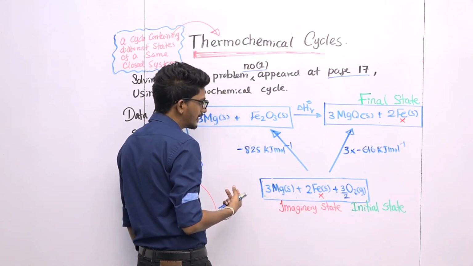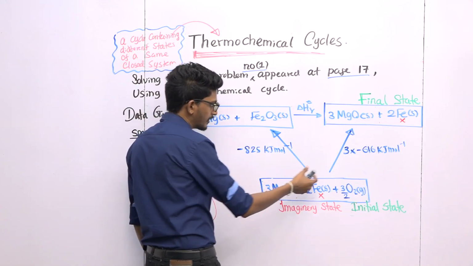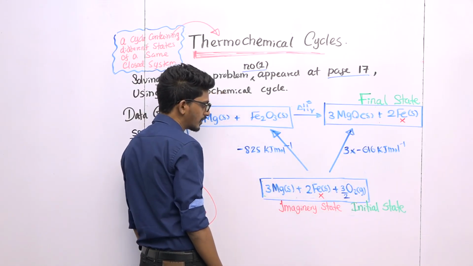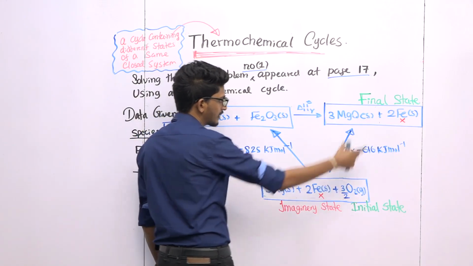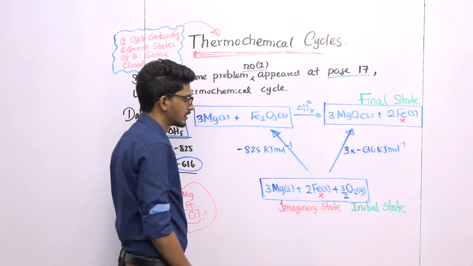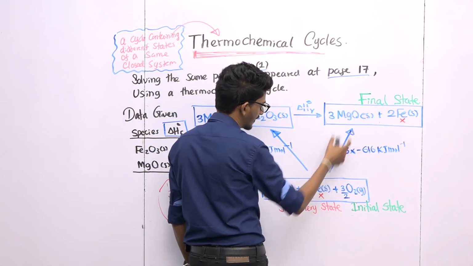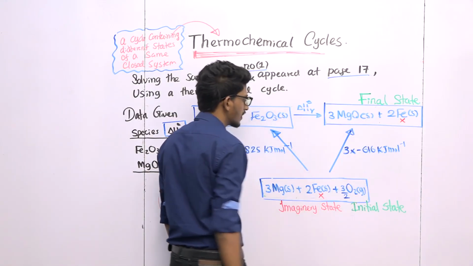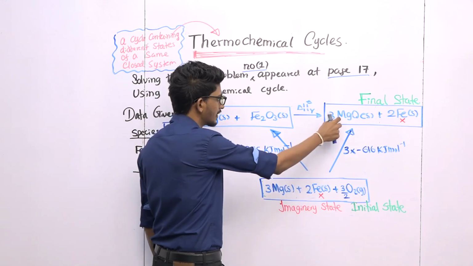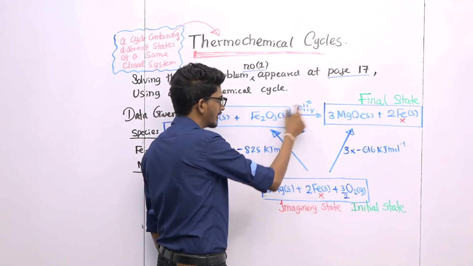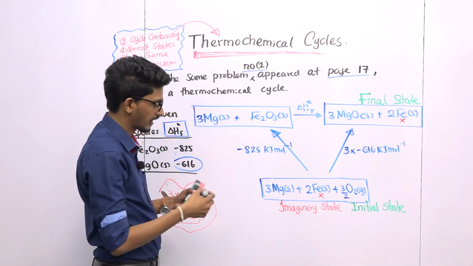Even though you make that change from this route or from this route, there are two routes available now to come to the final state starting from the initial state. We can go from here to here directly from this route, or we can go from initial to final from this route as well, going to here and then here, right?